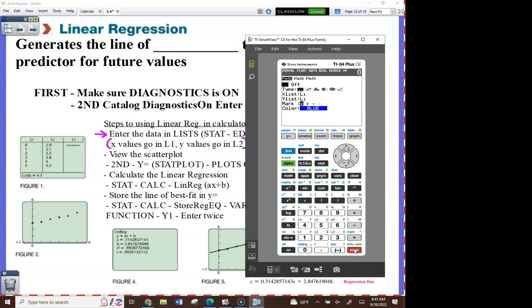The only thing you need to do is turn it on. Okay? So hit enter where it's on, and you can arrow down to confirm on is highlighted. And now we're going to hit zoom. Instead of hitting 6, which is when we were graphing lines, we're graphing a scatter plot. We're going to do zoom 9, statistics.